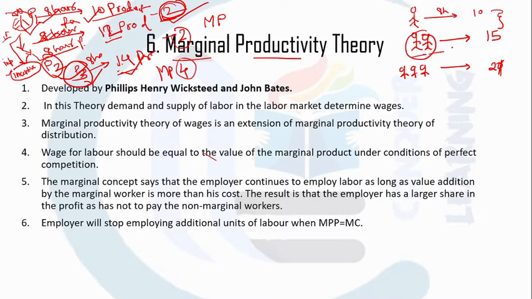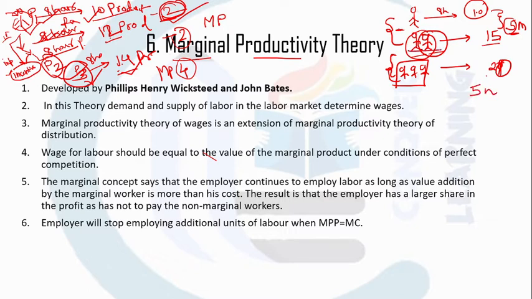Not two people are making 15 together, but from this person to this, it was only 5. So this MP, the marginal product, the margin the employer gets by hiring one extra employee, what is it? 5 products. Here, after hiring 3 laborers, let's take a round figure of 20, how much margin is he getting? 5.